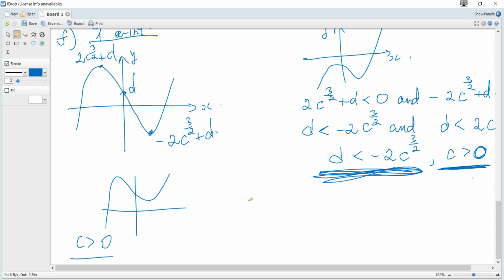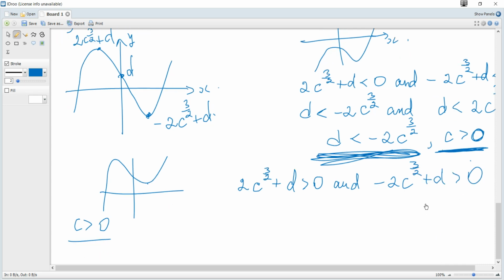So it should be 2 multiplied by c to the power of 3 over 2 plus d should be greater than 0, and negative 2 times c to the power of 3 over 2 plus d also must be greater than 0.